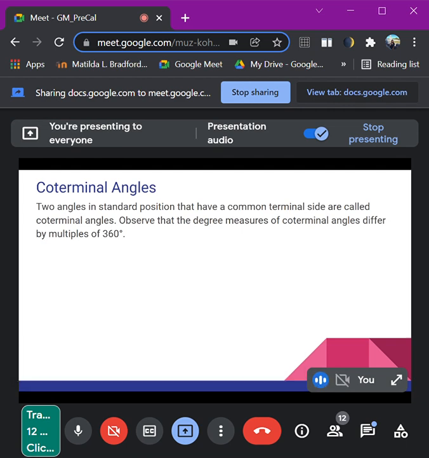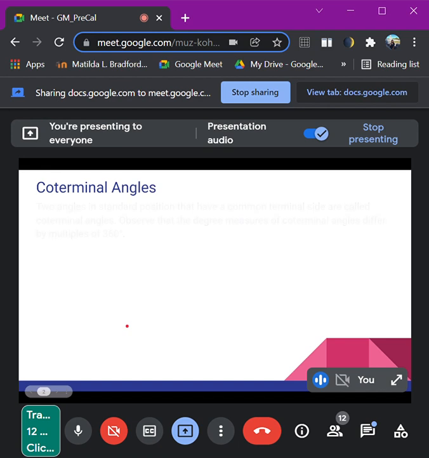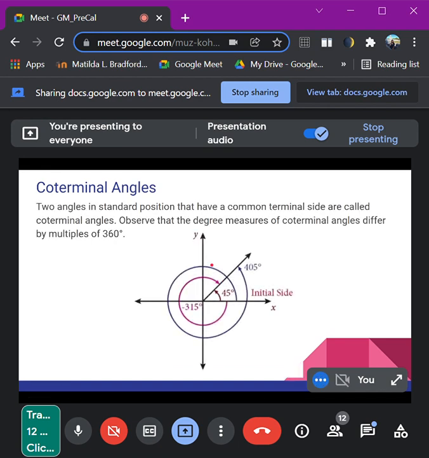So there are two angles here and they lie on one terminal side. And we call those coterminal angles. So we have here our picture. We're going to observe that the degree measures of coterminal angles differ by multiples of 360.